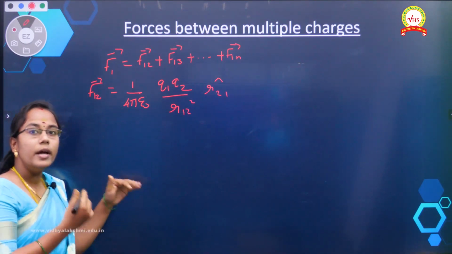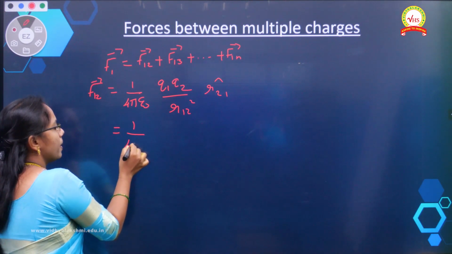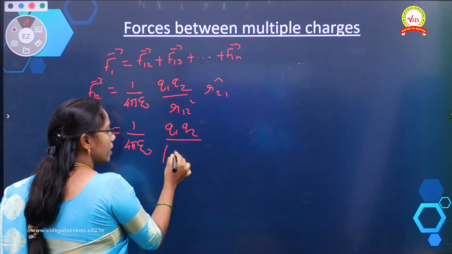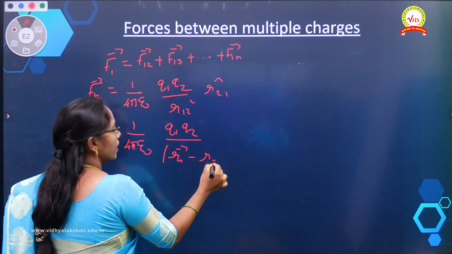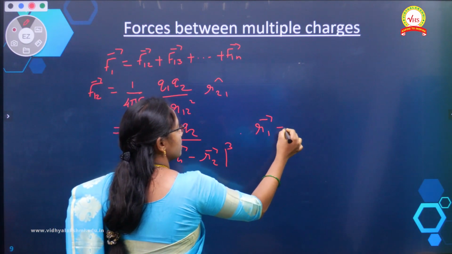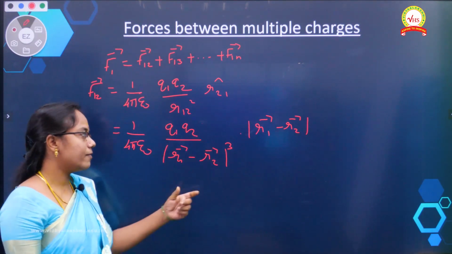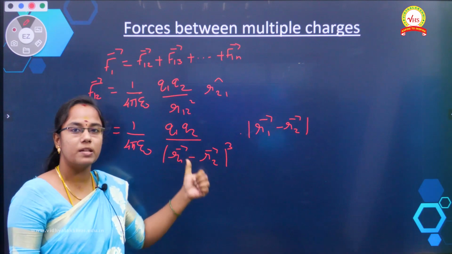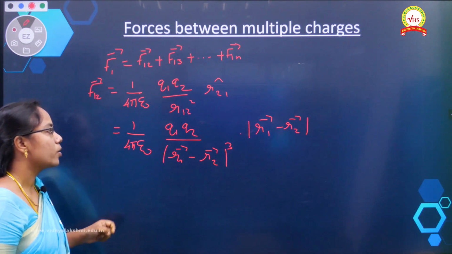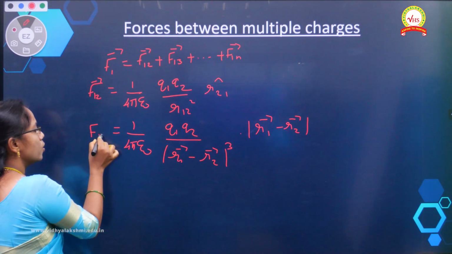In terms of the position vectors, it is 1 by 4 pi epsilon naught Q1 Q2 by the magnitude of R1 vector minus R2 vector the whole cube, into R1 vector minus R2 vector. I hope you can understand how we have got this. We have done this already in our previous video. If you are not able to understand, kindly go through the previous video. Displacement vector we can represent like this. So this is F12.